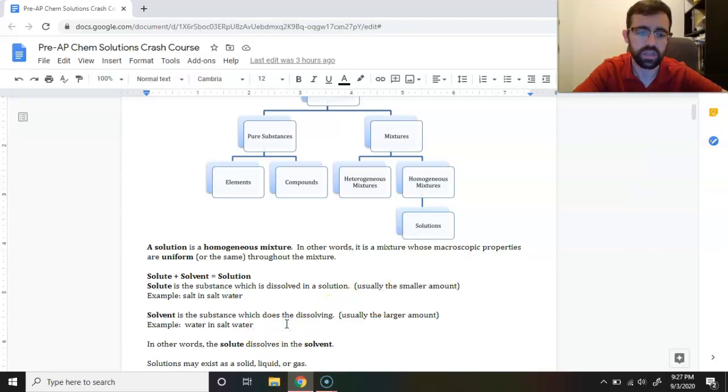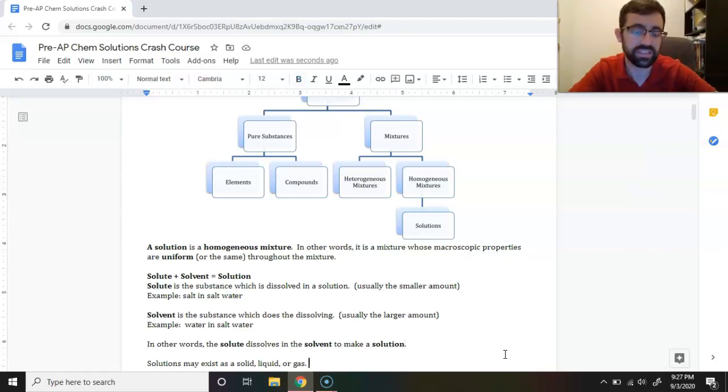In the case of salt water, our solvent would be water. In other words, the solute dissolves in the solvent to form a solution.